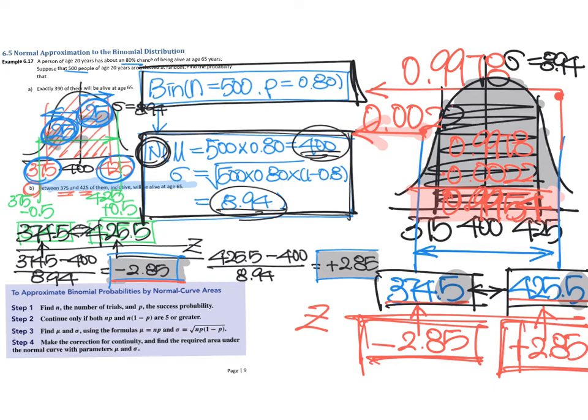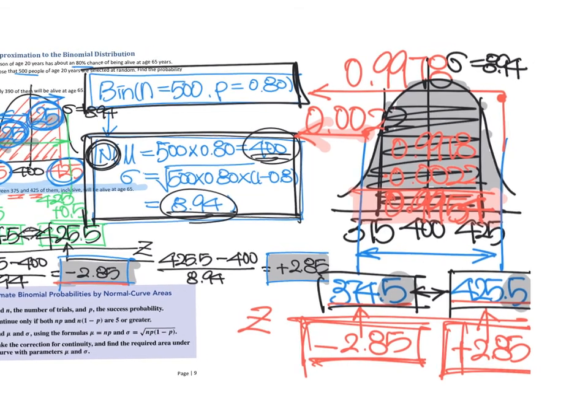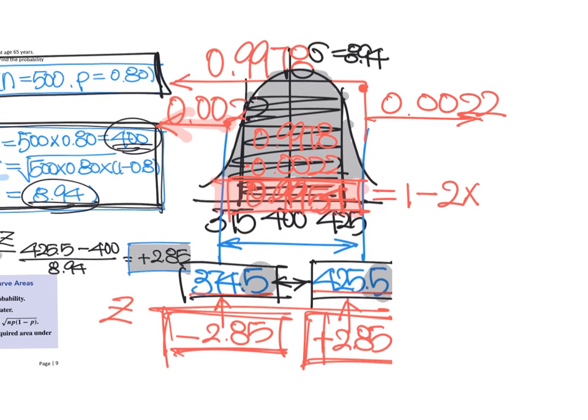Or another way, we knew this one will be the same as 0.0022. So we can even take the probability in the middle, 0.9954, from 1 minus twice 0.0022.